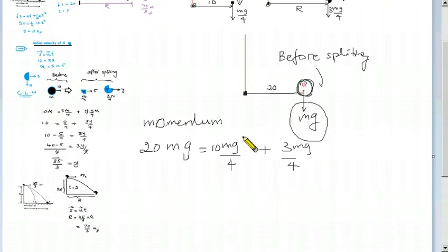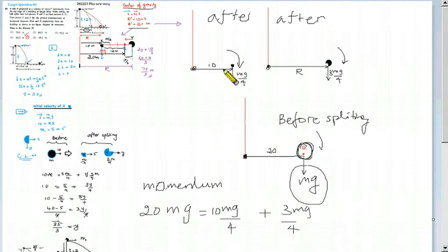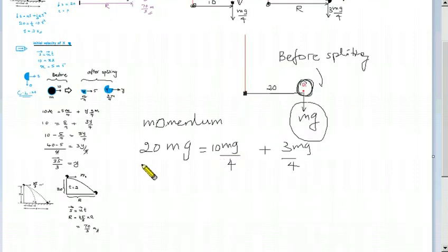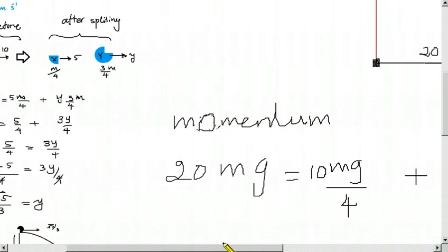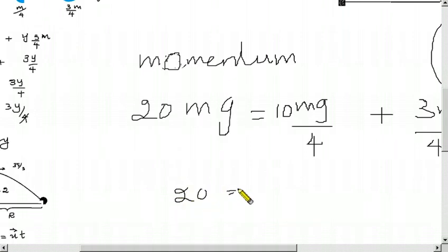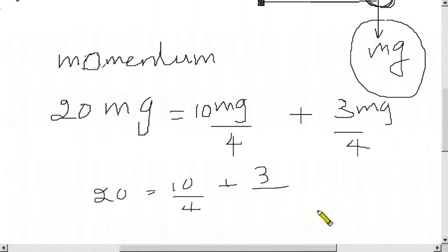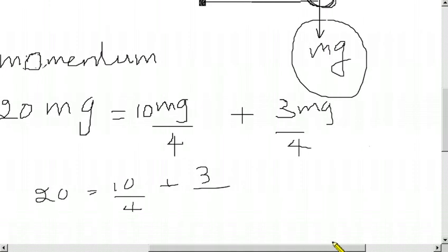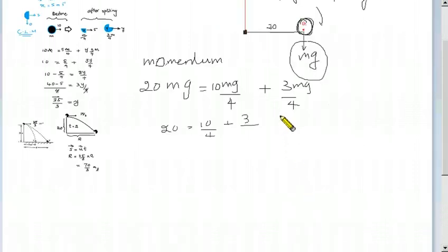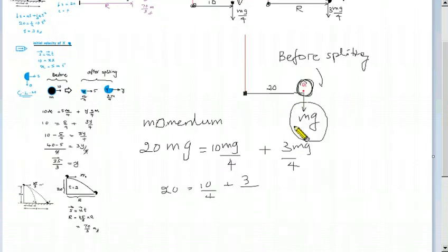So momentum should be conserved, therefore we can write before splitting the momentum must be equal to the momentums after splitting. So simplify, mg cancel, 20 equals 10 divided by 4 plus 3 by 4 mg times the distance r.